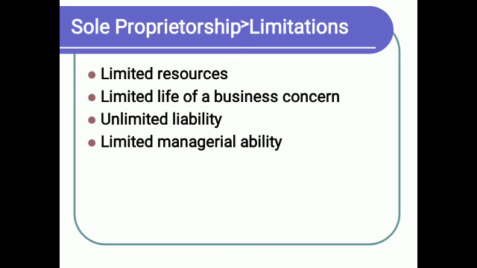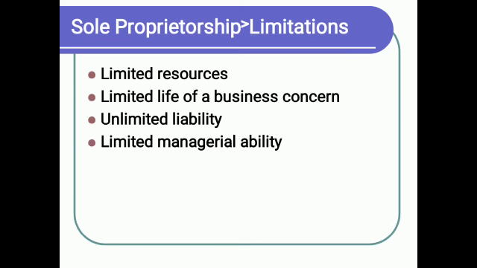The third disadvantage is unlimited liability. A major disadvantage of sole proprietorship is that the owner has unlimited liability. If the business fails, the creditors can recover their dues not only from the business assets but also from the personal assets of the proprietor.